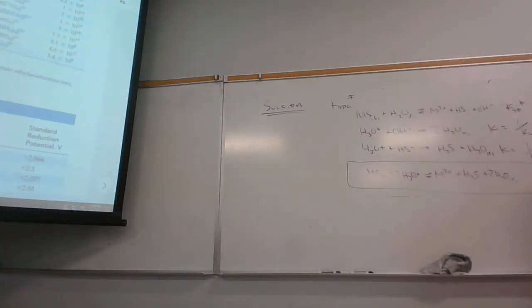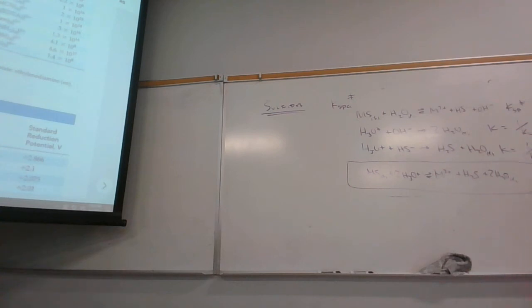This is called KSPA double dagger. Now KSPA double dagger is going to equal the M2+ concentration times the H2S concentration divided by the hydronium ion concentration squared. That would be KSPA double dagger.